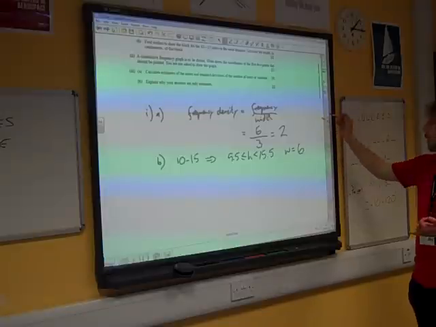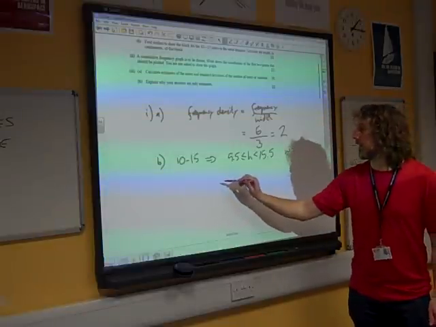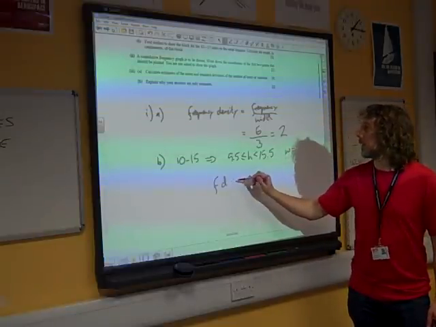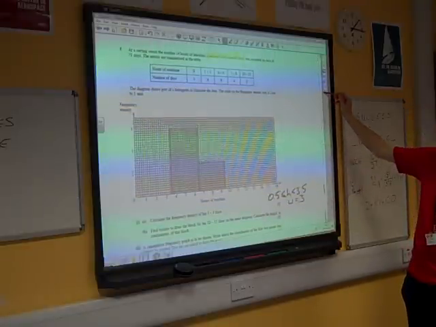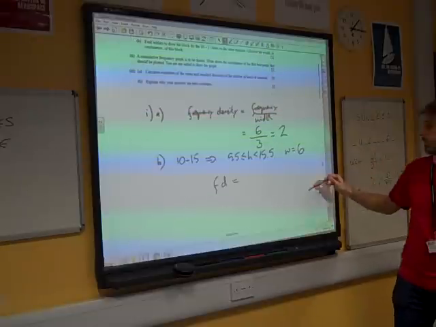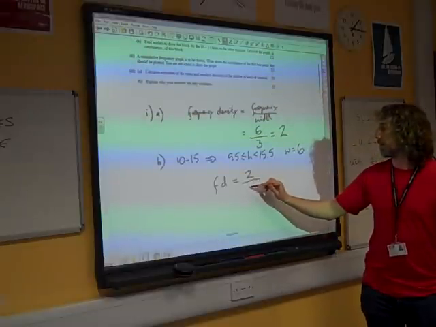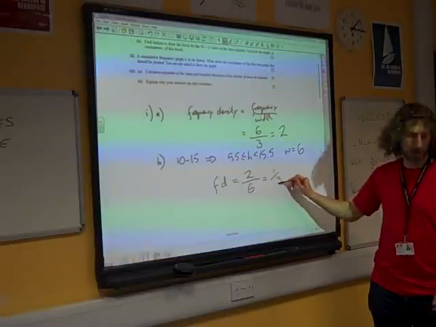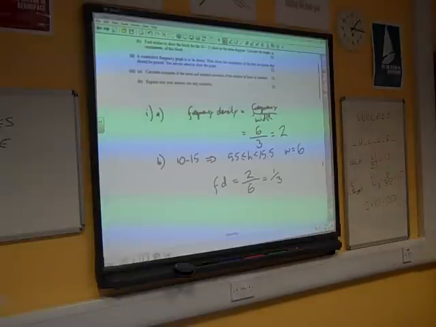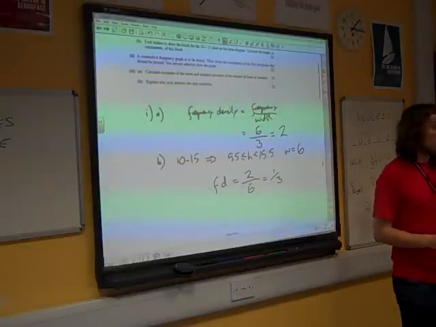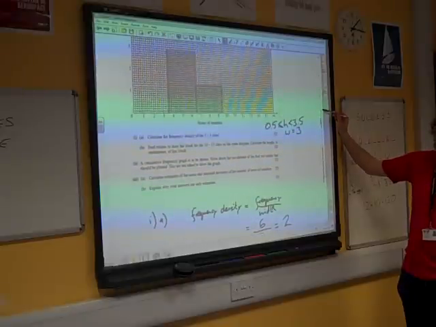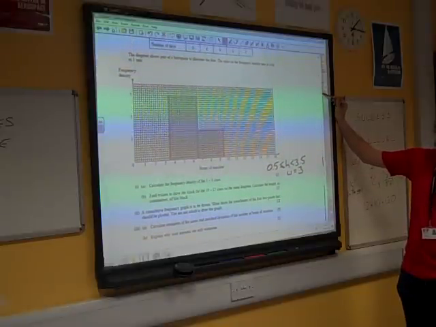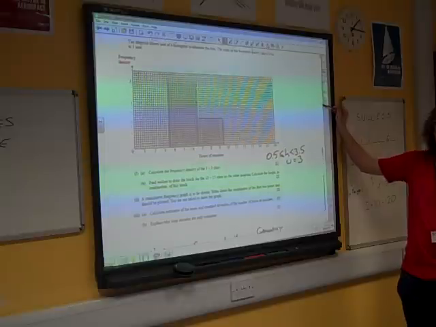Right, what else have we got? We need to find the frequency density, which is the frequency divided by the width, so that is going to be 2 divided by 6. So we have a frequency density of 1/3, but here's the little trick in this one. They did say the scale on the frequency density axis is 2 centimetres to 1 unit.